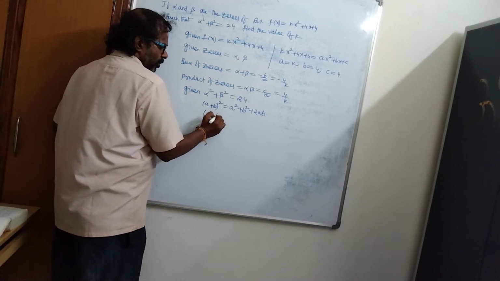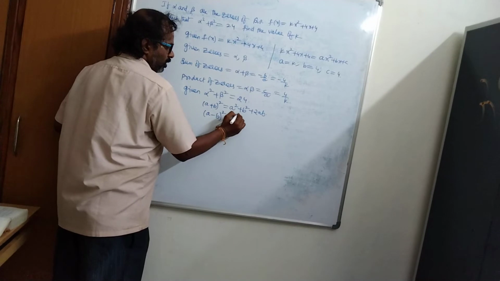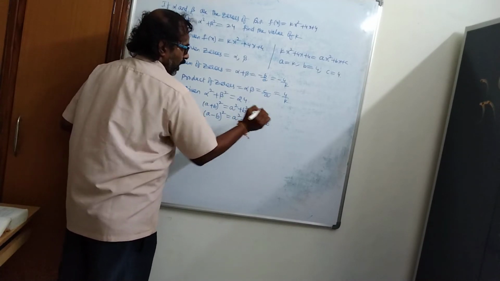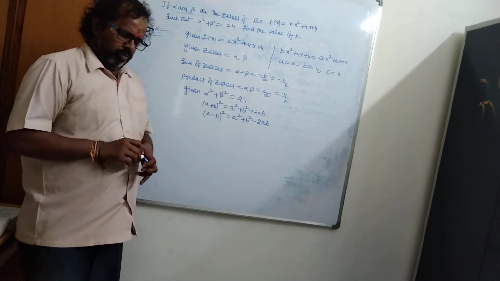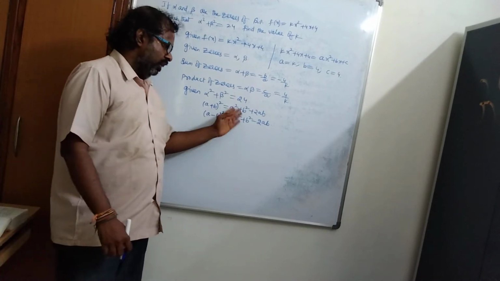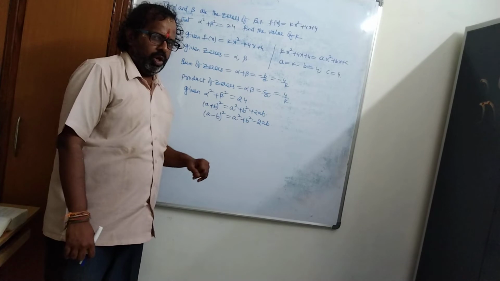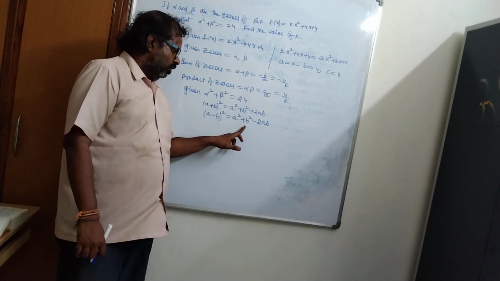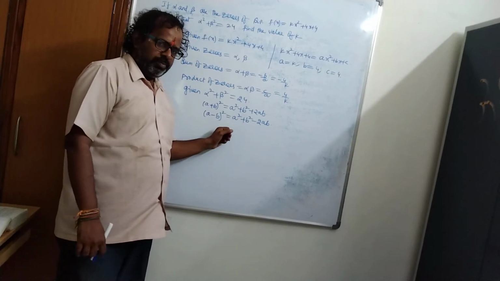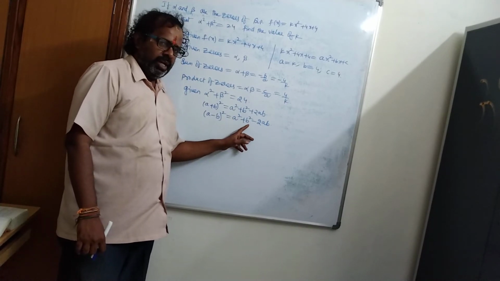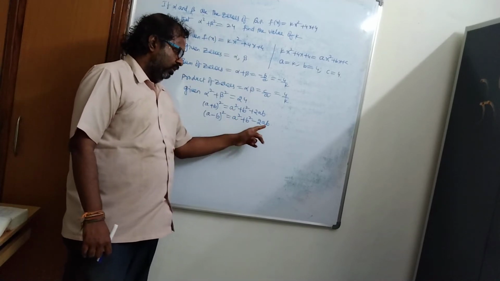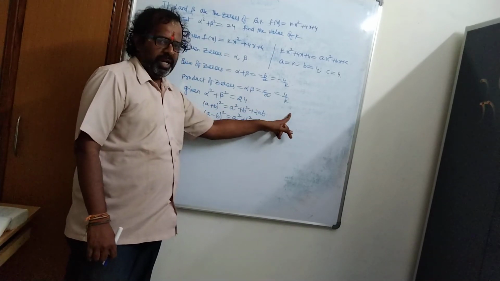Next, (a - b)² = a² + b² - 2ab. Some students will take any one of them and try to solve it. But if you take the second formula, with a as alpha and b as beta, you may get alpha² + beta² as 24, given, and alpha beta as 4/k.